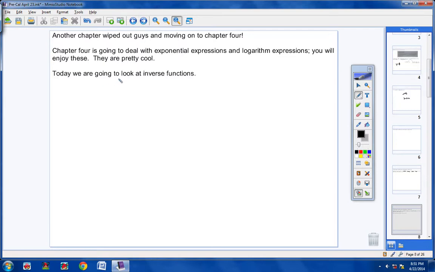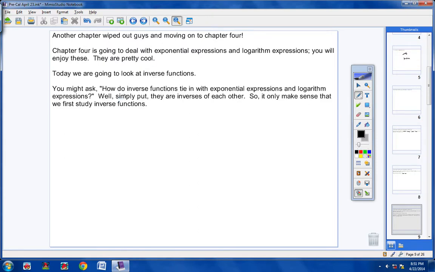Now today we are going to look at inverse functions. And you might ask, well, how do inverse functions tie in with the two main topics of chapter 4, exponential expressions and logarithmic expressions? Well, good question. And simply put, an exponential expression is an inverse of a logarithm expression.